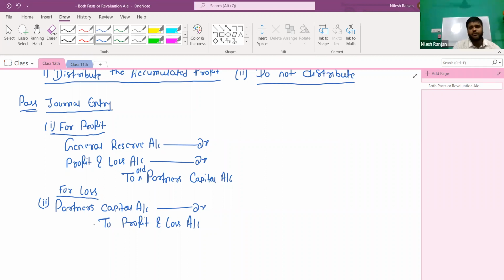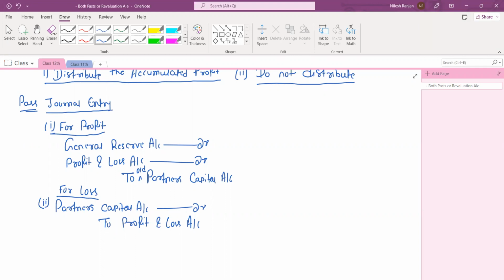There may be different types of reserves given in the question. Then you have to distribute all the reserves and profits. Only one or two statutory reserves which have to be maintained by law should not be distributed.